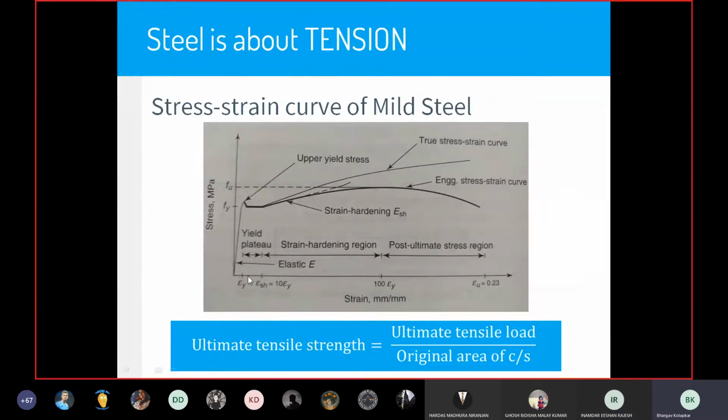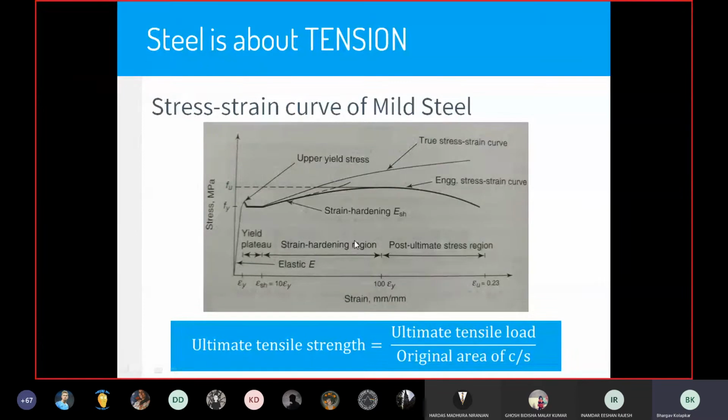Now let us look at the strain values. The strain at the yield stress is denoted by epsilon y. Normally epsilon is used to denote strain. This particular region, which is after the yield plateau, is called the strain hardening region.